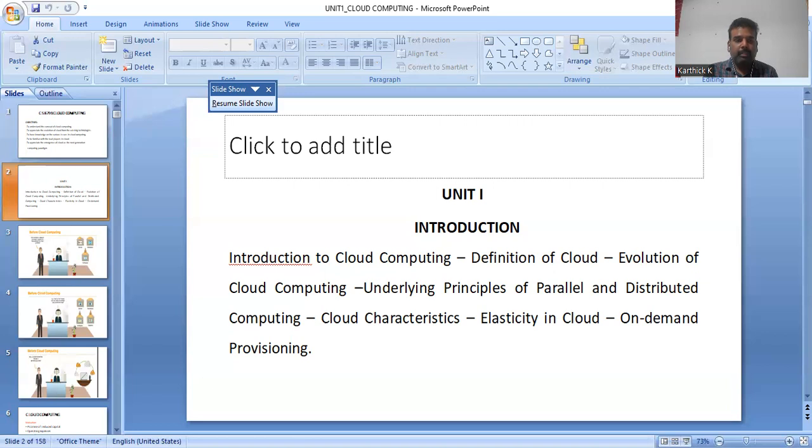So next is types of services. We have three major types of services: infrastructure as a service, platform as a service, and software as a service. Infrastructure service provides the fundamental resources such as physical machines, virtual storage, etc. For example, small companies starting a new company cannot invest a large amount in infrastructure as tier 1 industries or big companies do.